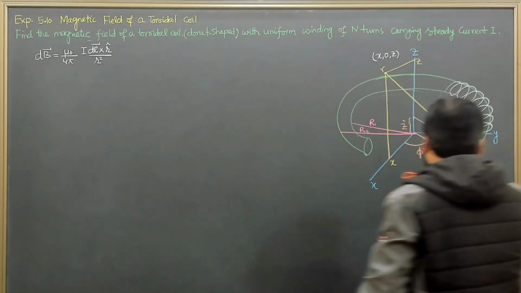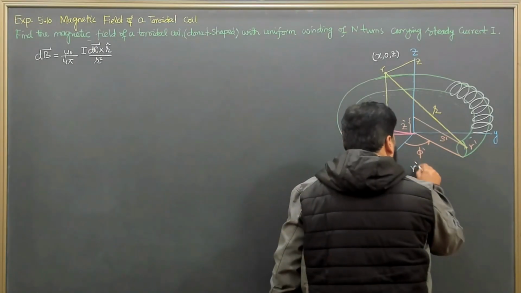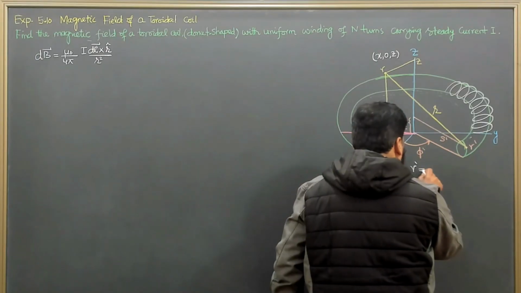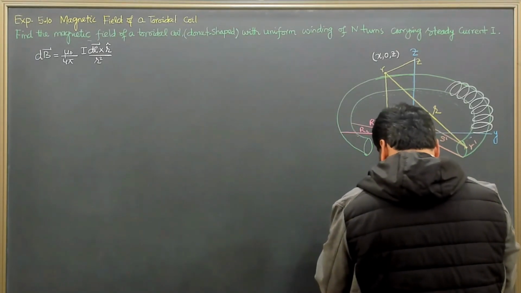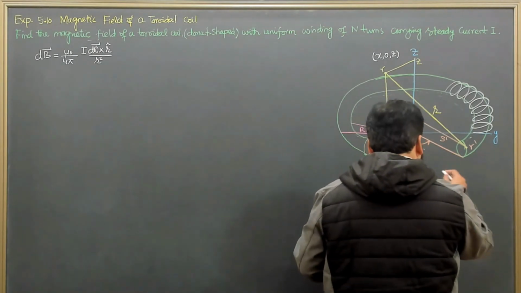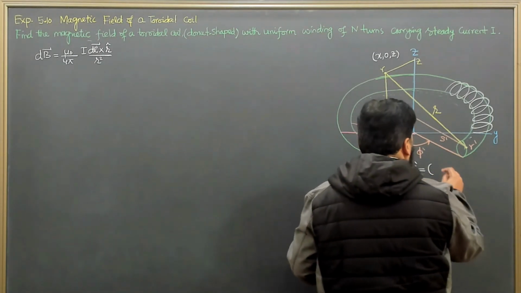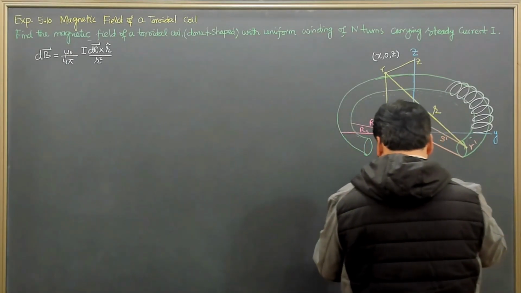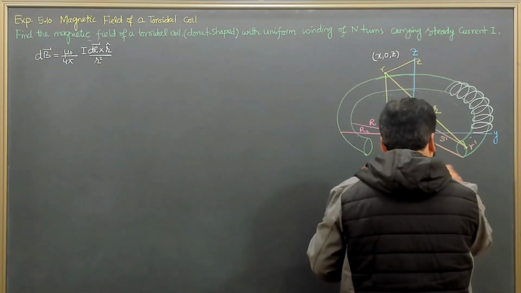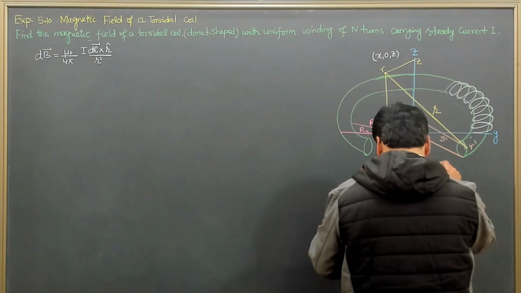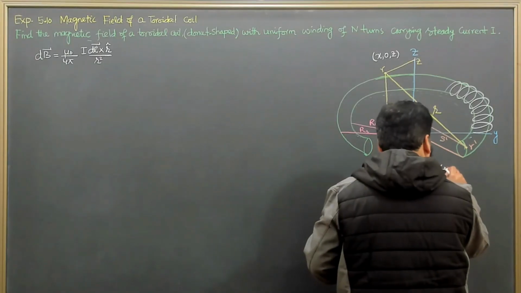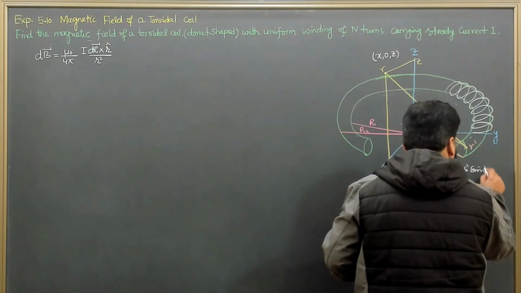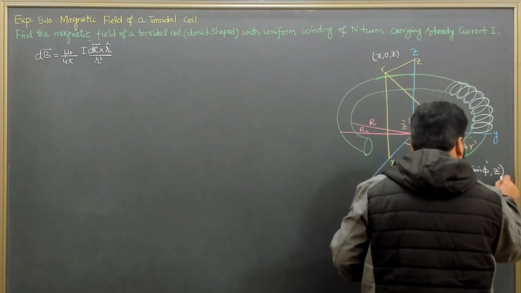For R prime, the source is in this plane, so I can write the coordinates as S prime cos phi prime, S prime sine phi prime, and Z prime.